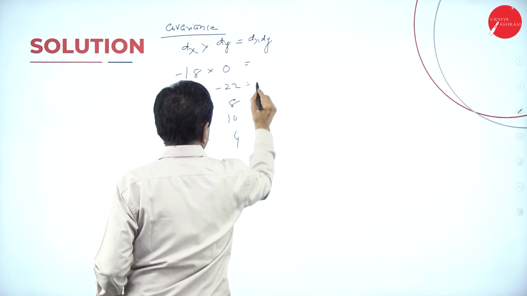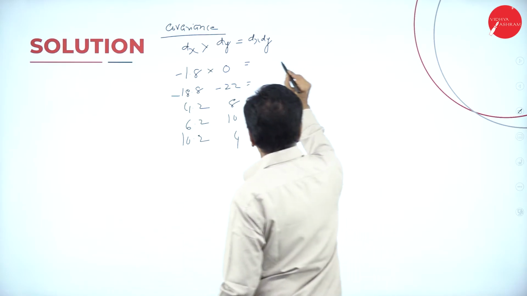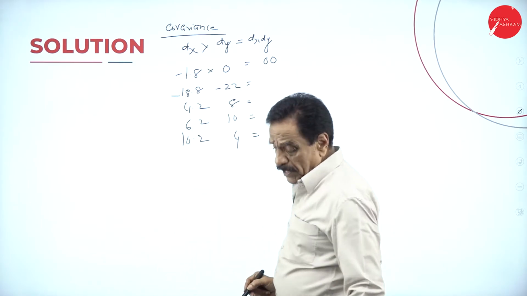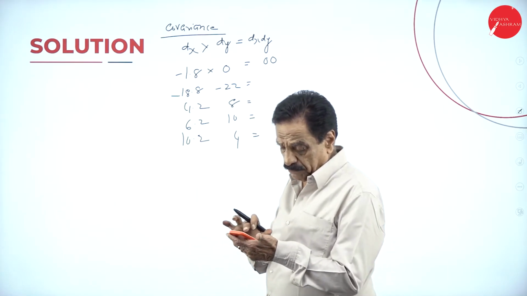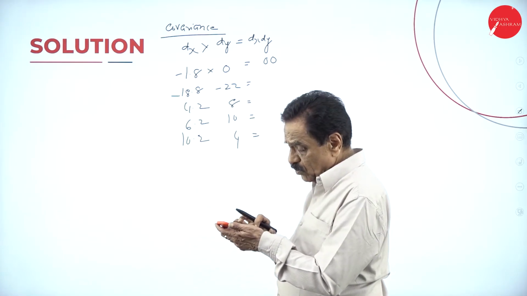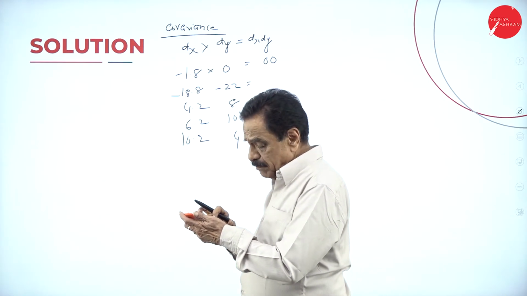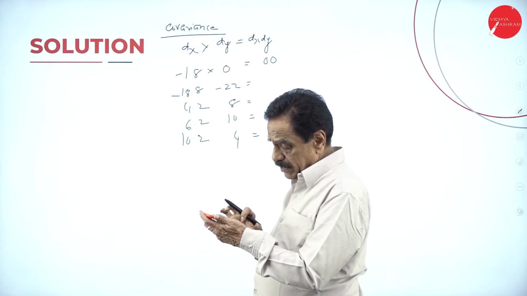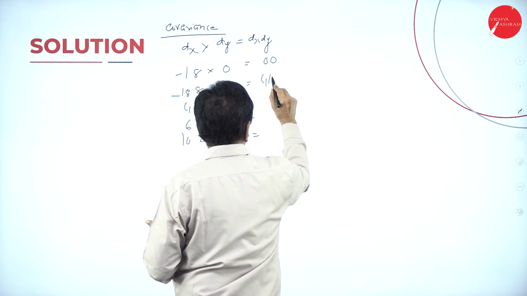Multiplication, dx dy. This is 0. Minus 22 into minus 18.8, plus, is 413.6.